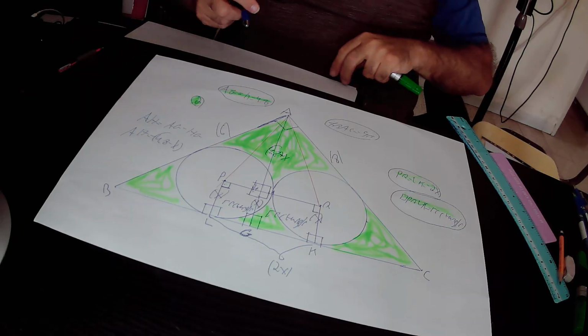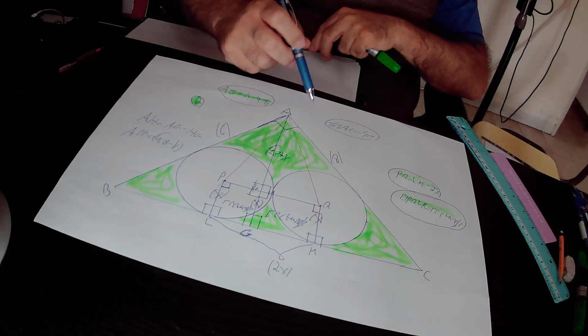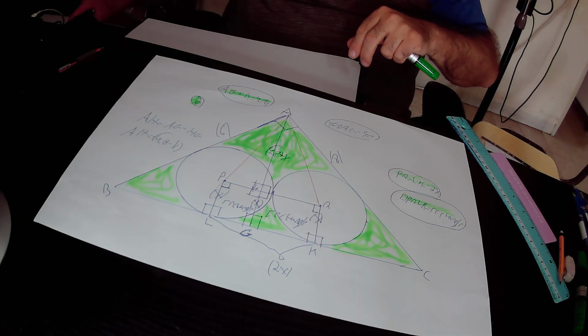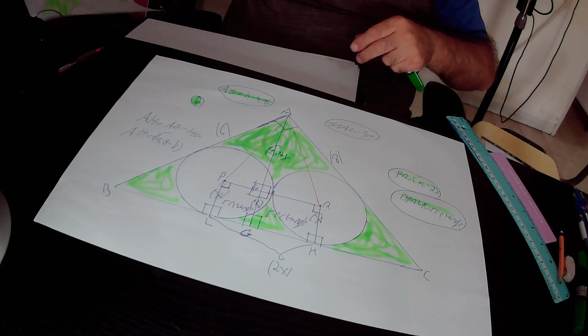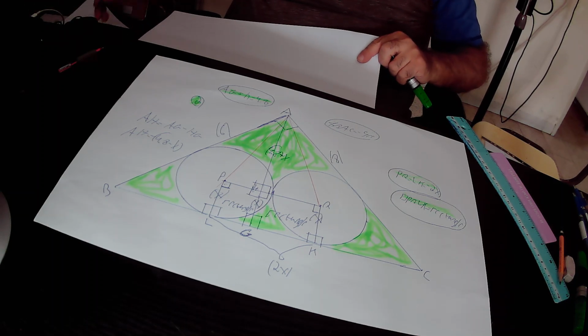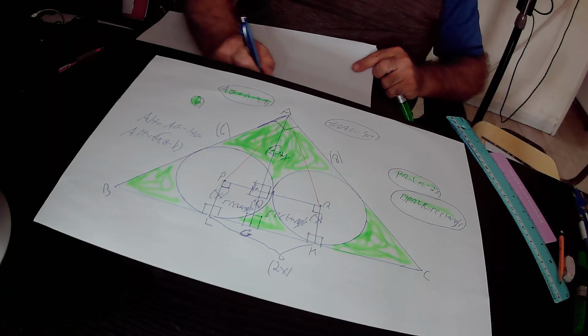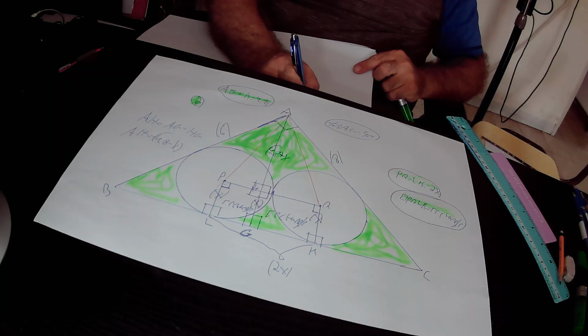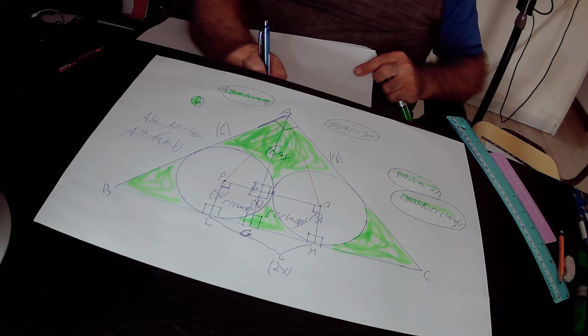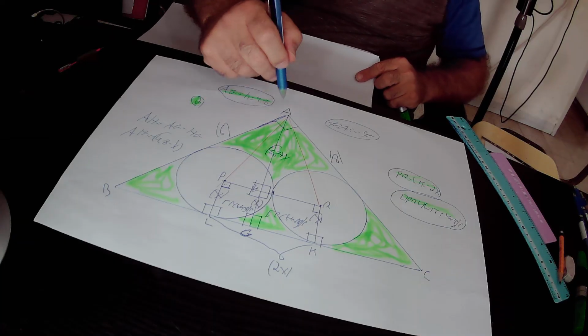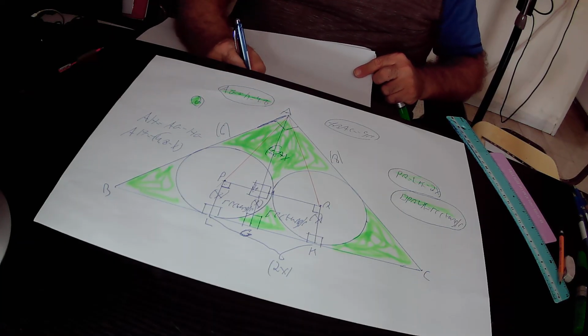So write it down. We should find out that the area of this triangle APQ in total is equal to the base PQ times the height to the base, that is AH, over 2.